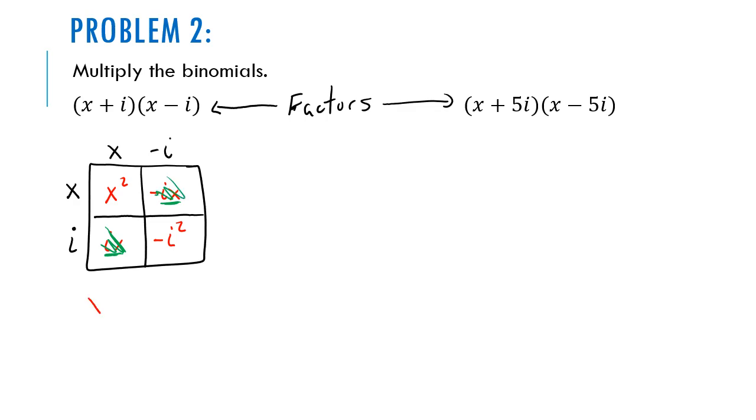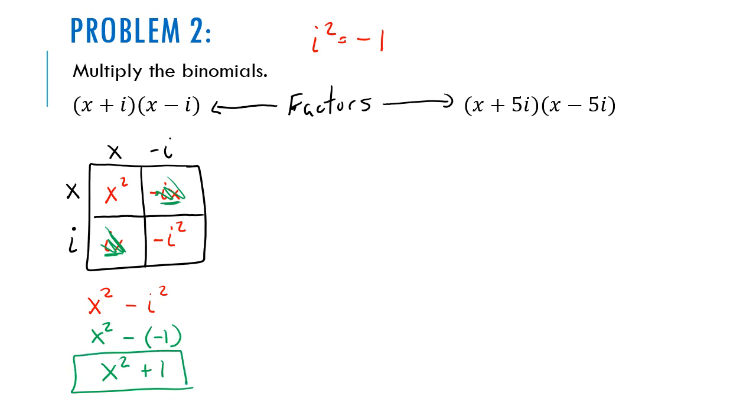What we're left with is x squared minus i squared. Now, as we talked about last week, i squared is actually the number negative 1. So what we really have here is x squared minus negative 1. Two negatives make a positive, so we really have x squared plus 1. Okay, keep that in the back of your head.